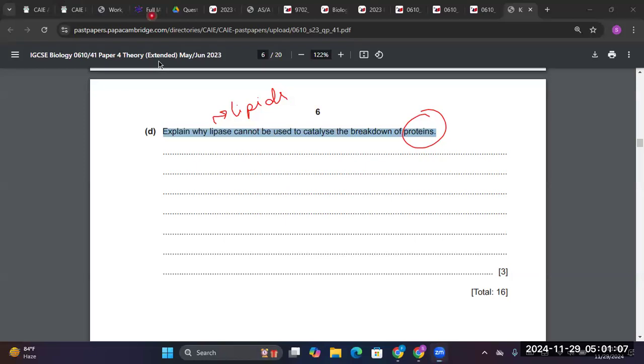And also, Hajra, do take a look at this question as well. Why can lipase not be used to break down proteins?